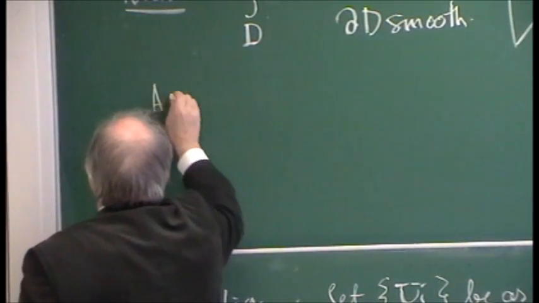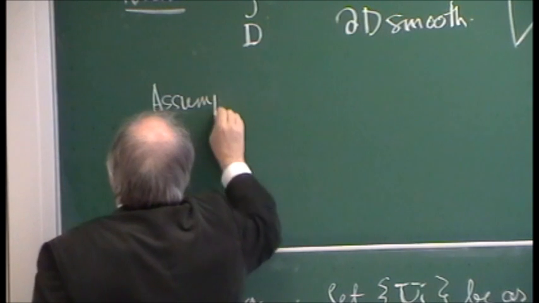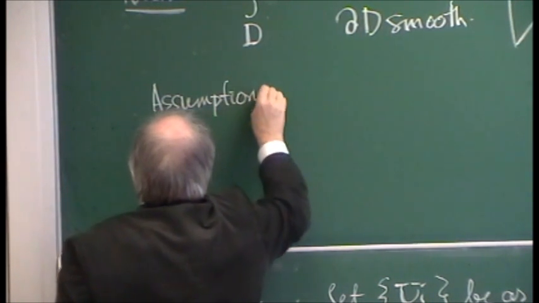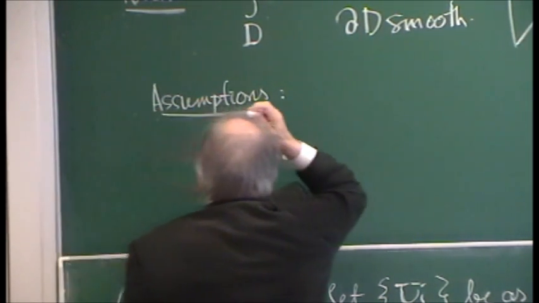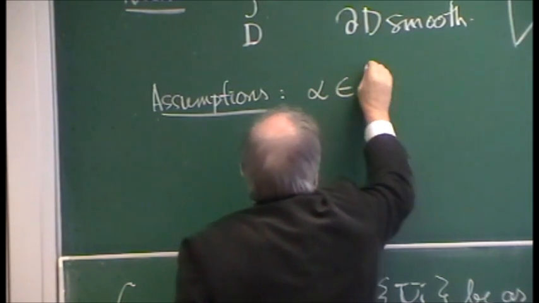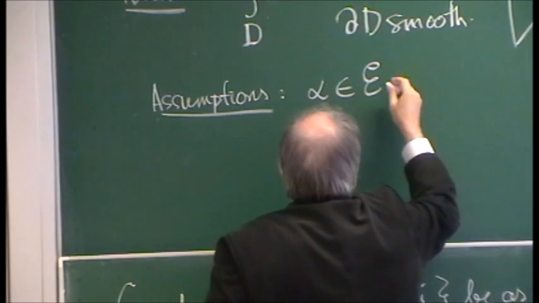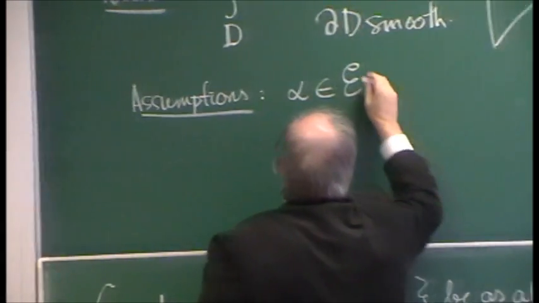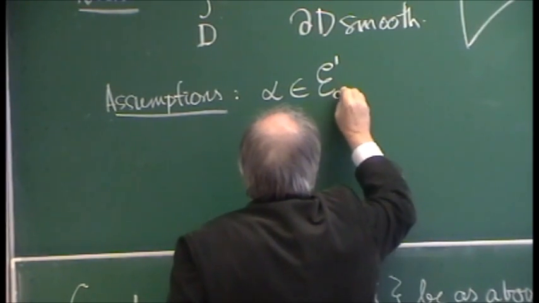Okay. So the assumption on alpha is that alpha is smooth with compact support in M. So the same old thing.